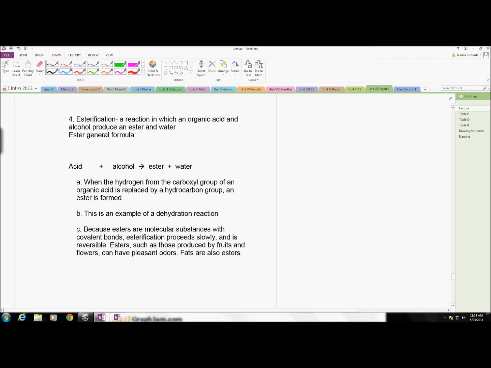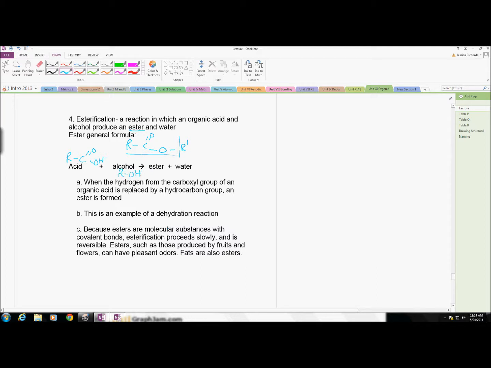Esterification is going to be the production of esters, remembering that the general formula for an ester is COOC, and that we said this first half came from an acid, which is COOH, and the second part came from the alcohol, which is a hydroxyl group.